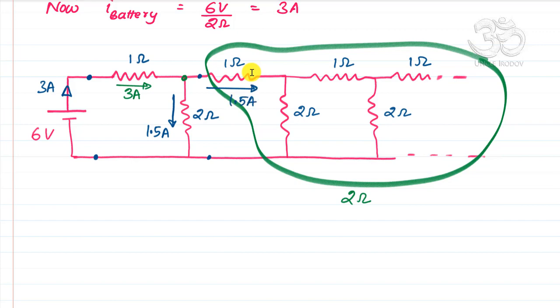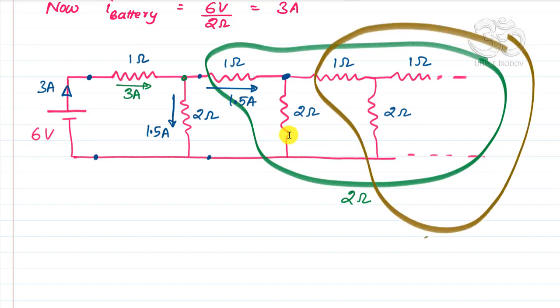Now this 1.5 amp will arrive at the second junction, and it will find that on one side there is a 2 ohm branch, but on the other side also it will find that the brown encircled resistance is a 2 ohm branch. So again the current will break up into 2 parts, because all you have done is, from those infinite steps, you have removed 2 steps, and again you have got infinite steps.